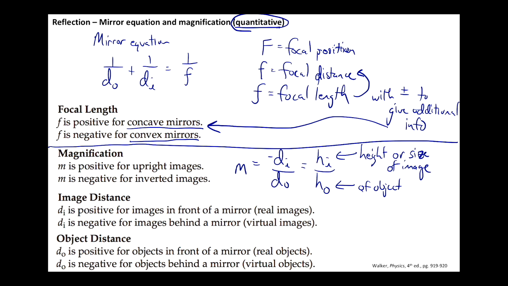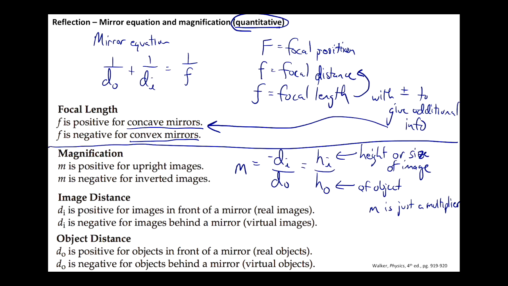All right? A couple of other things that this tells us. First of all, M is just a factor, or let's call it a multiplier. Why not? In other words, if magnification is 1, image and object are exactly the same. If it's 0.5, the image is half as big. If it's 2, it's twice as big.